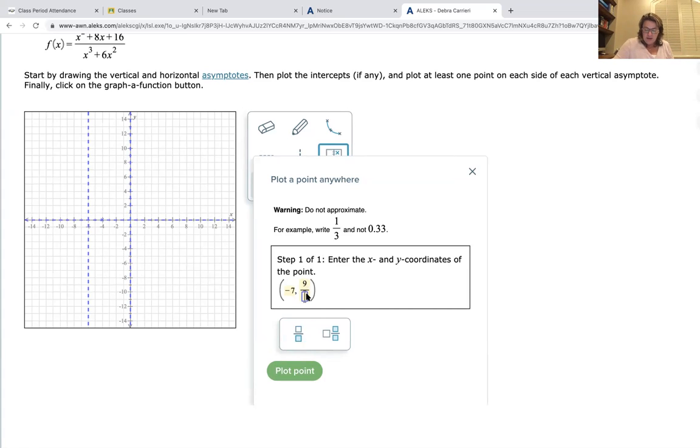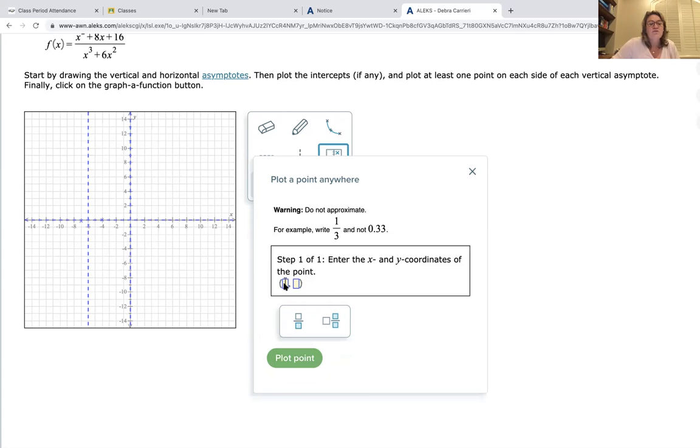In the denominator, -7 times itself gives me +49, and then -7 plus 6 is -1, so that becomes -49. So there's a point, I've plotted it.